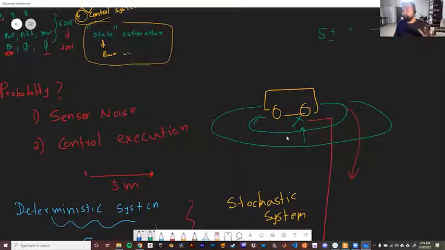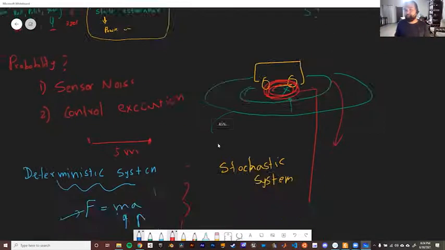But if the Kalman filter says that I am very, very certain of my location, then the robot can decide to be more confident. So that's the approach we have to take when dealing with probability. Rather than saying exactly the answer, we say this is our guess and this is how certain we are. That's how you deal with a stochastic system.